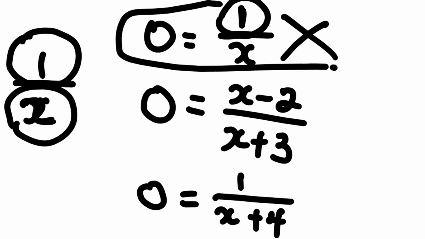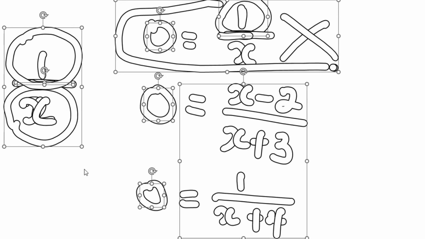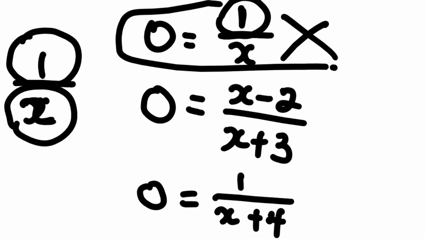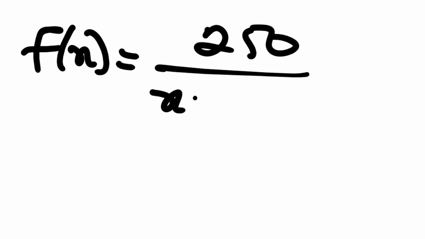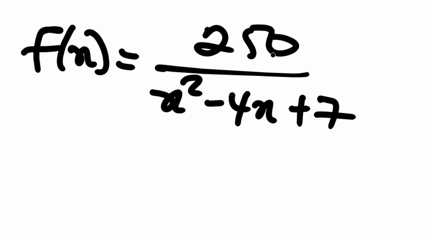So the same way, if I give you something like, let me go here and clear this side. I can give you anything at the numerator, and I ask you to find a zero, right? If I give you f of x is equal to 250 all over s squared minus 4s plus 7, and I ask you to find the zero of this function, you say that there is no zero for this function.